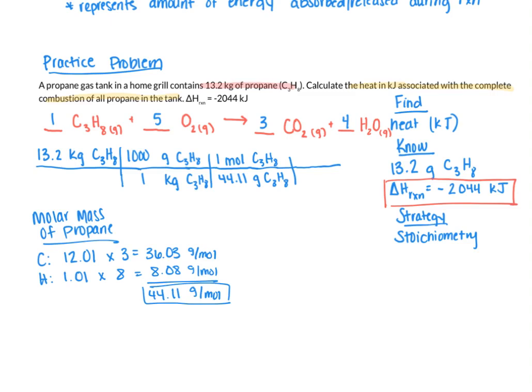So the coefficient for C3H8 is 1. So for every 1 mole of C3H8, we are generating negative 2,044 kilojoules.